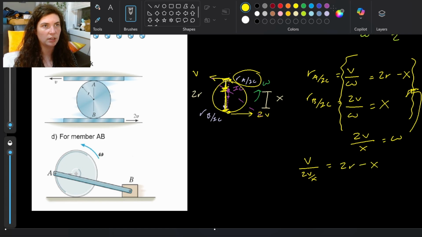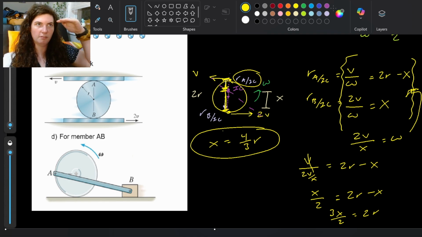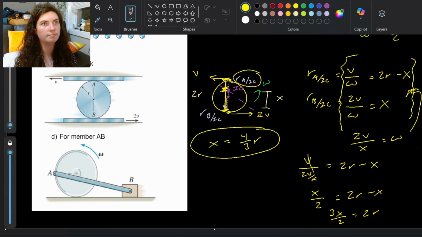If I rearrange this a little bit, my v's cancel out here, my x comes to the top, so I get x over 2 equals 2r minus x. If I add that x over, I get 3x over 2 equals 2r. And then dividing that over, I move over that 2/3, so I get that my x value is going to be 4/3 r. So whatever that radius is, it is 4/3 of r. So it's just above my center there at 4/3 r.